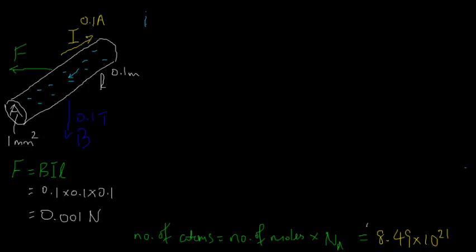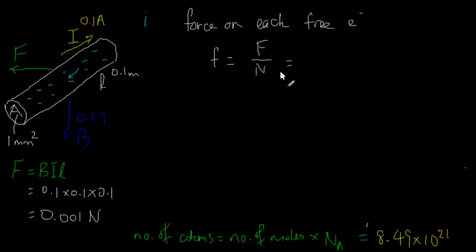Therefore, the force on each free electron, I'll call that little f, would be equal to the total force divided by the number of electrons.